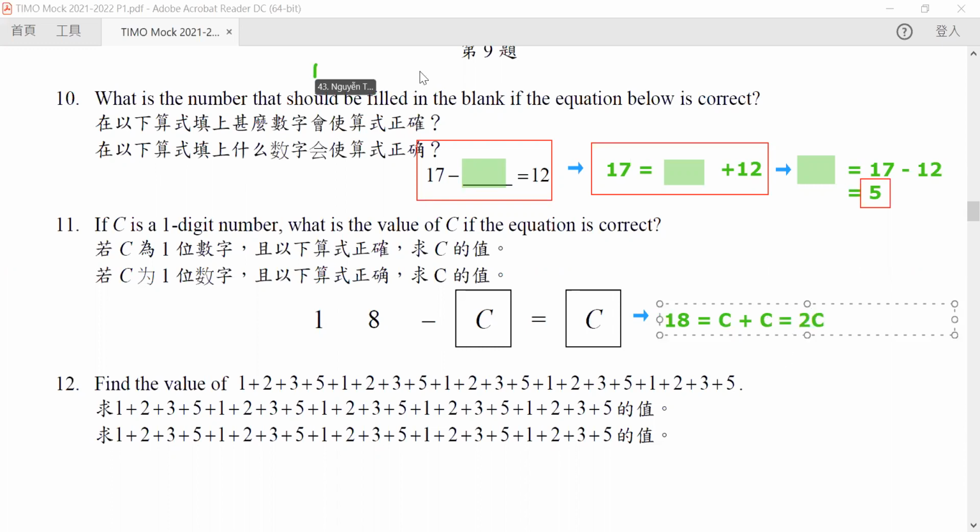Which means that we can divide both sides by 2, and hence we'll get our answer, which is C is equals to 9. 9 plus 9 equals 18. Okay, so hence our answer is equal to 9.